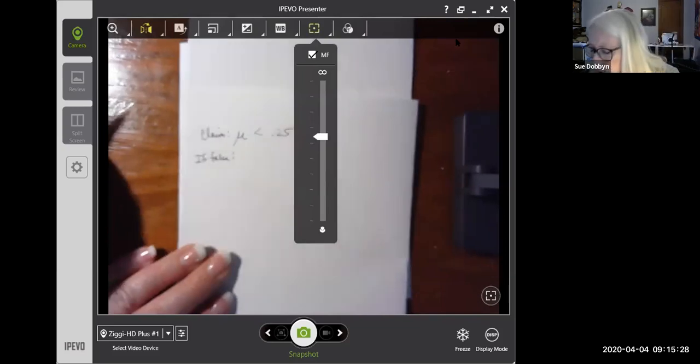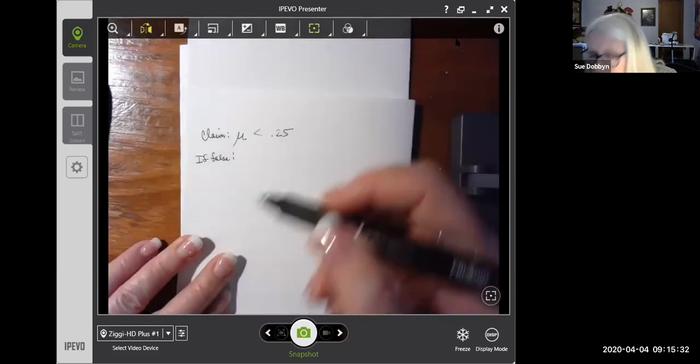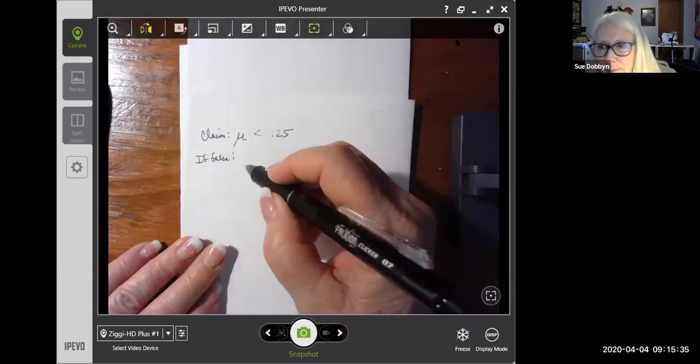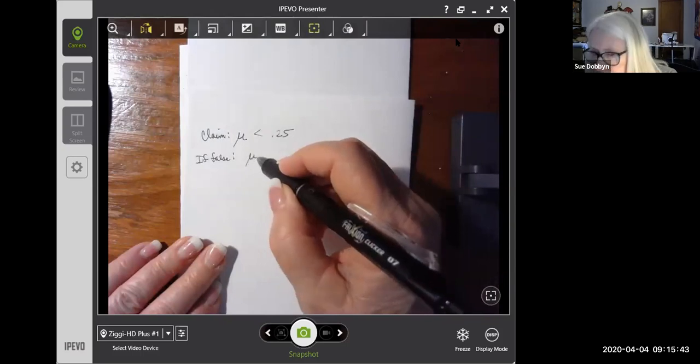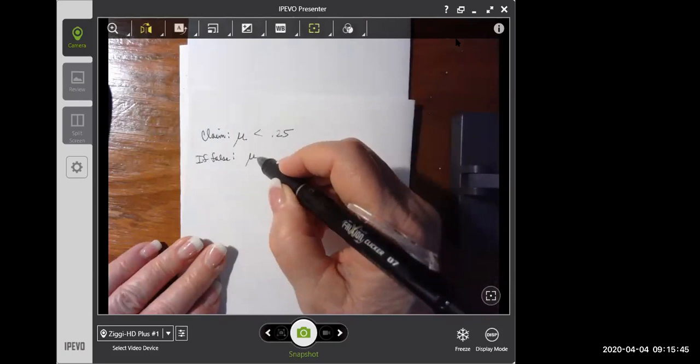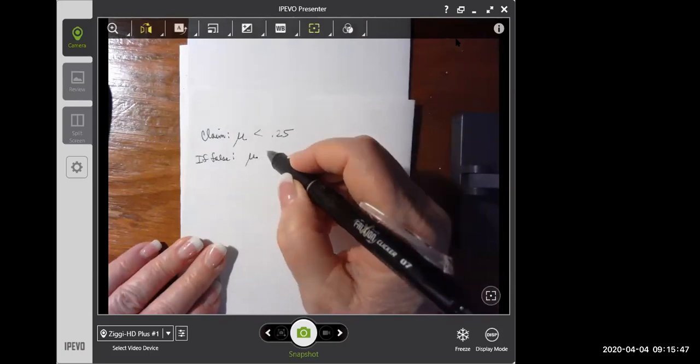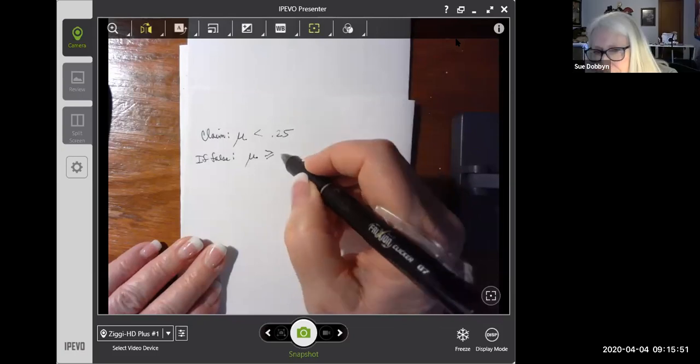All right, so if the mean is not less than 0.25, what is it? More than or equal to. Come on, you guys can talk. It's what? Greater than or equal to? Sure. 0.25. All right.